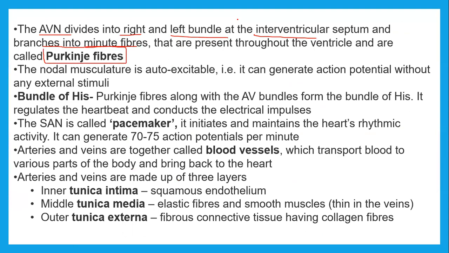The heartbeat initiation starts from the SA node, then the AV node, and finally reaches the Purkinje fibers. In between you have certain names, but I'm telling it this much only right now. The nodal tissues are auto-excitable, that is, they can generate the potential without any external stimulation.